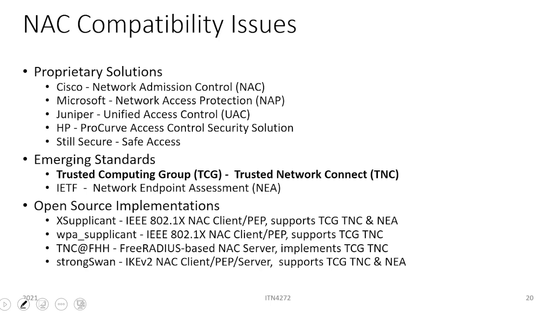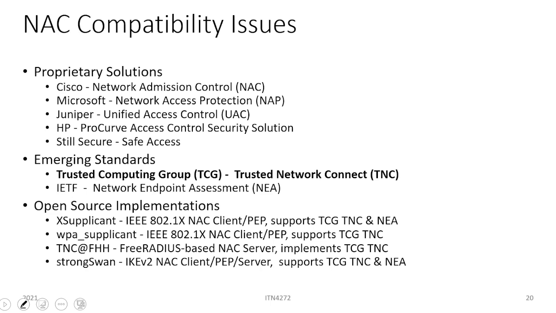Then there are a number of open implementations, and they may be present in certain devices. In certain places, they may be present as well. So that is one of the key challenges when it comes to network access control: compatibility between standards, and compatibility between the devices and what these devices support.